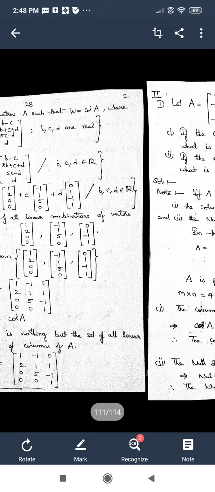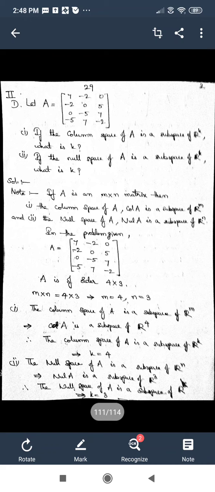And in the second model, if we are given a matrix A, we should find for what value of k column A is a subspace of Rk, and for what value of k the null space null A is a subspace of Rk. These are the problems we are asked for in the first and second models.